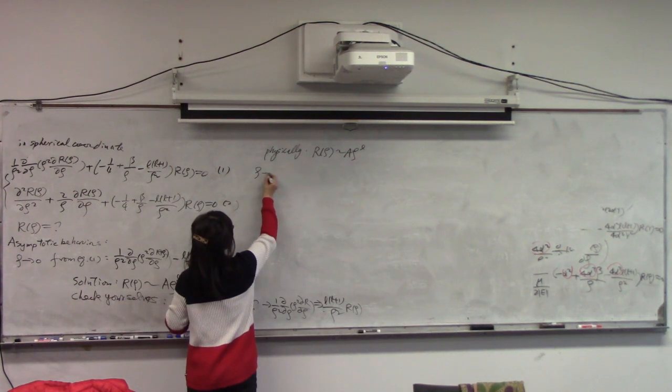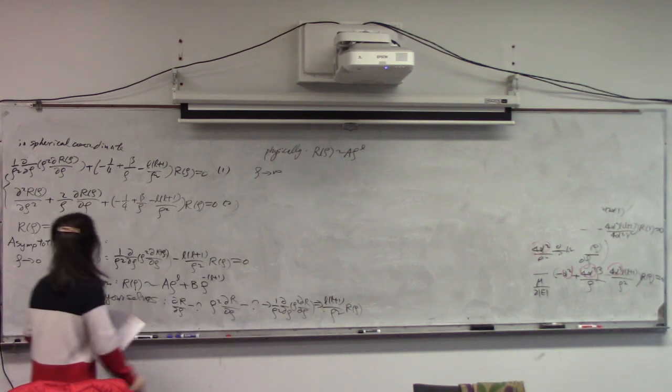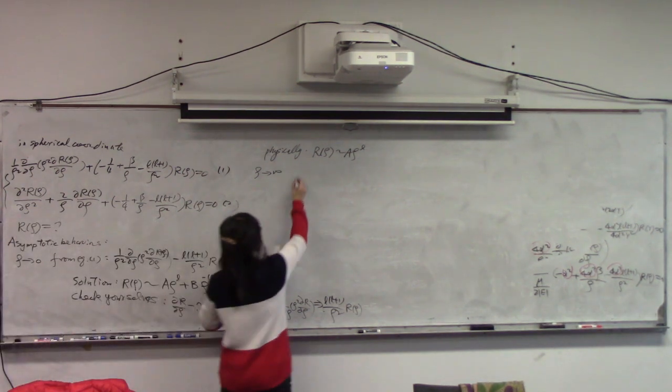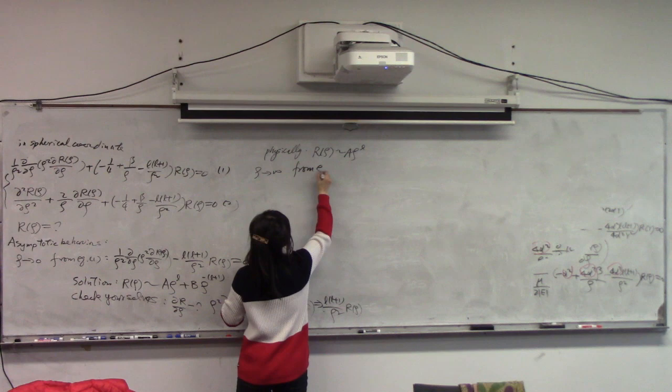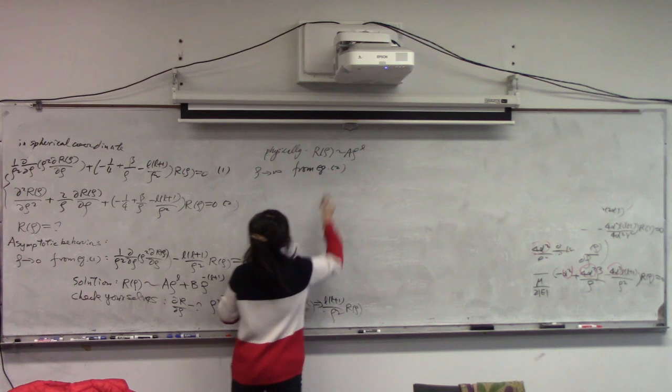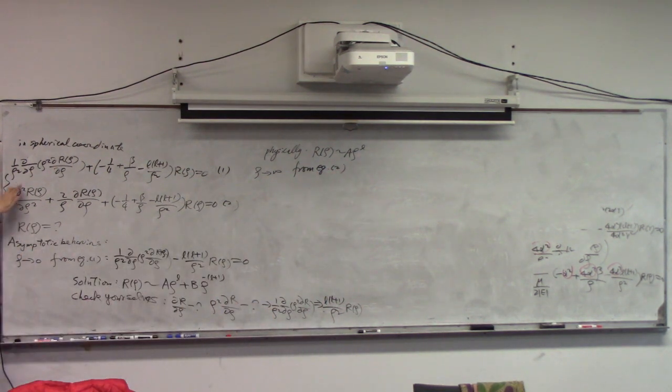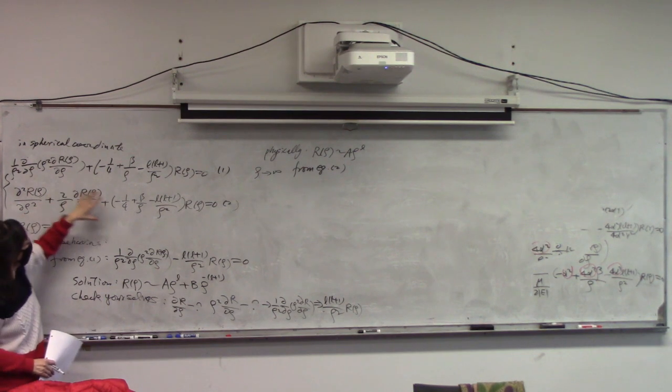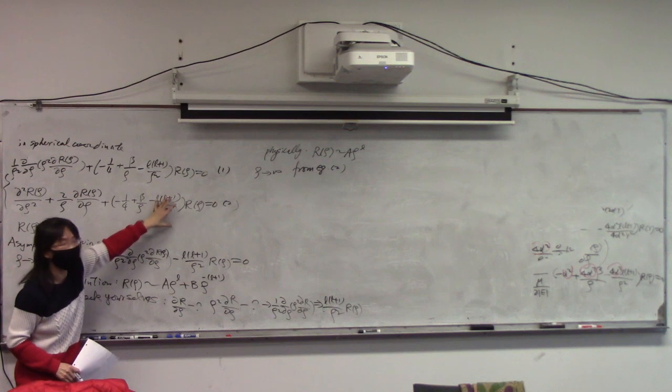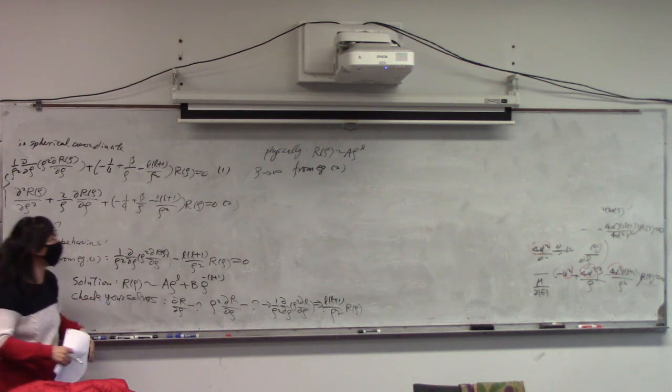Then we consider when rho goes to infinity. In this case, I'm going to use the second equation. Why? Here, when rho goes to infinity, this is still complicated. But here I need to keep this one, right? But this one, when rho goes to infinity, we can also drop. Only this constant makes sense, right?